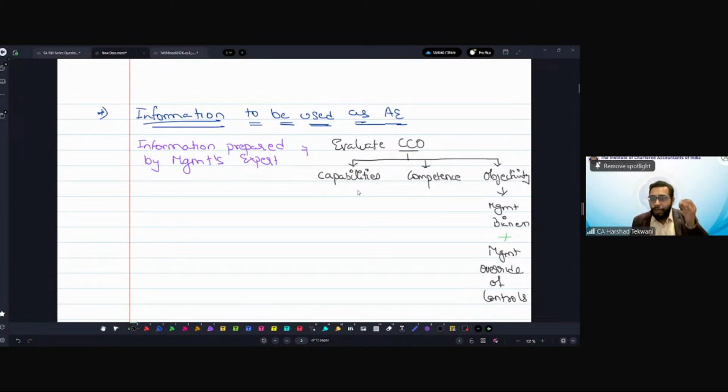That's why it's very important to understand the objectivity of the management expert. There are certain examples where a chartered accountant can be a management expert because he is working on an engagement, but at the same time his objectivity will give some comfort to the auditor. Clear?